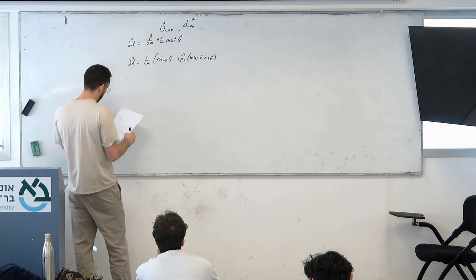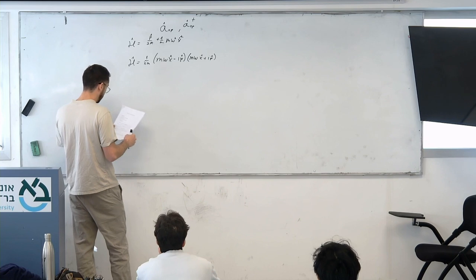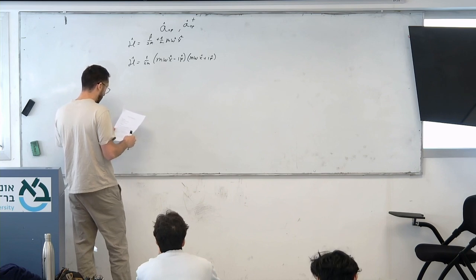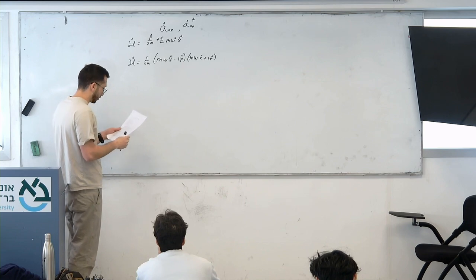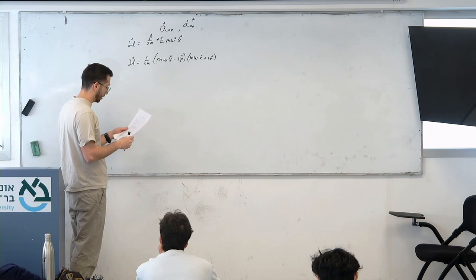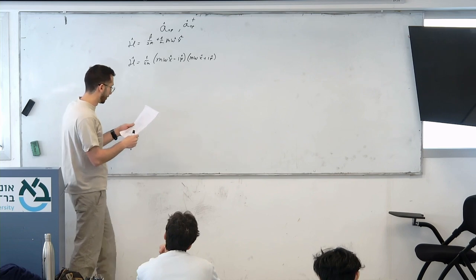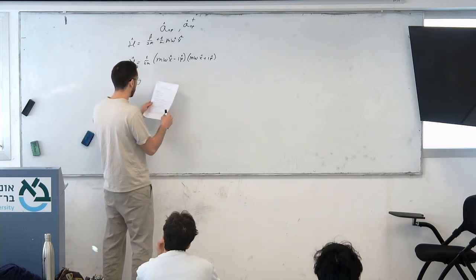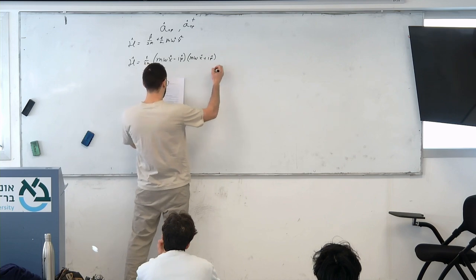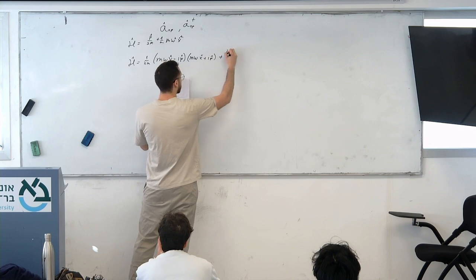So now, if you do it like this, we don't get exactly what we want. What we are missing here is plus h bar omega over 2.